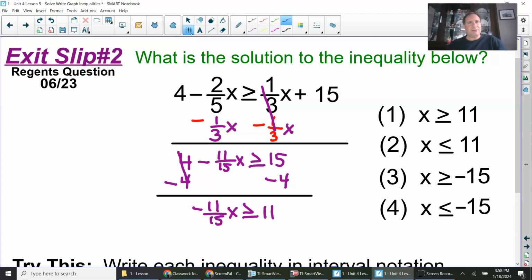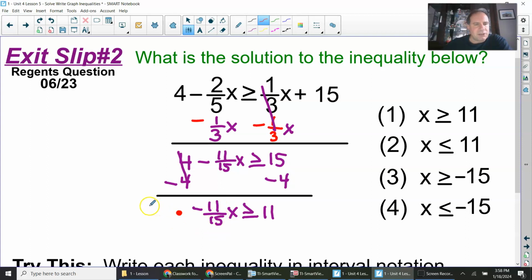A lot of people would divide by negative 11 over 15. That's fine. I'm going to use the reciprocal. I'm going to multiply by the reciprocal, and when I multiply by the reciprocal, I am going to remember to flip the inequality.